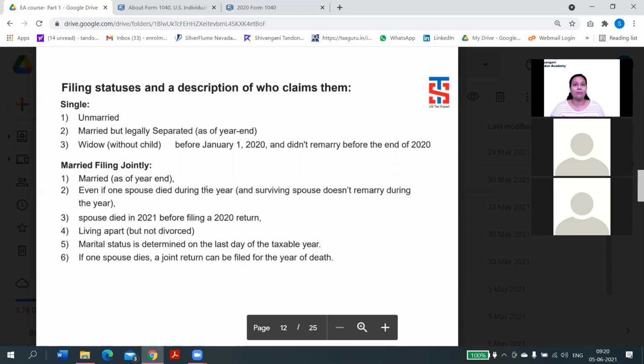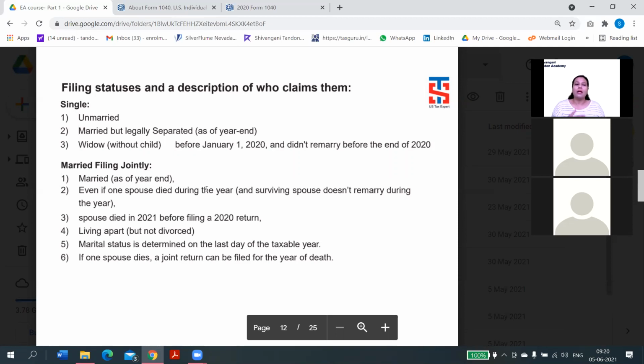If on 31st December evening you got legally married to somebody, your filing status for the entire year is MFJ, married filing jointly, because on the last day of the year you are married. So you will be filing as MFJ. If your divorce is finalized on 31st December, you are considered as married but legally separated for the entire year, and you will have a filing status of single.